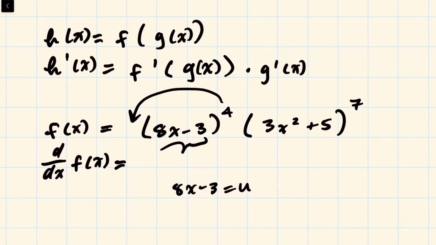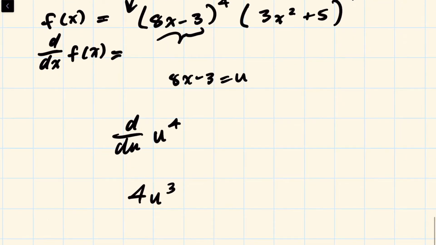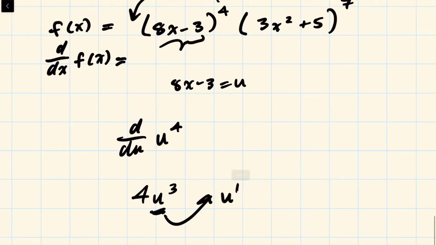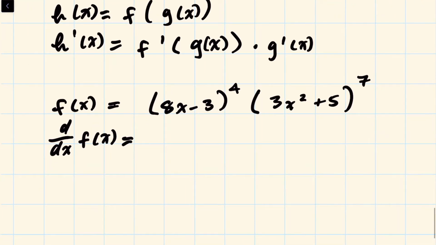This expression I'm underlining is just like saying u to the fourth, and d by du of u to the fourth is just 4u to the third. But you still have to find the derivative of the inside, so it'd be u prime, and we'll do that in a second.